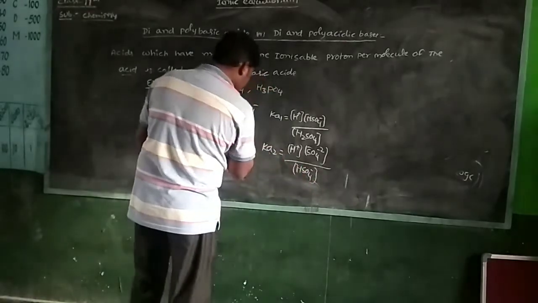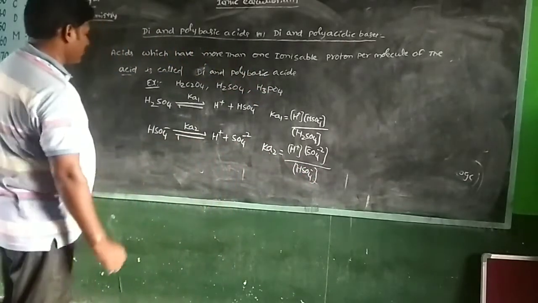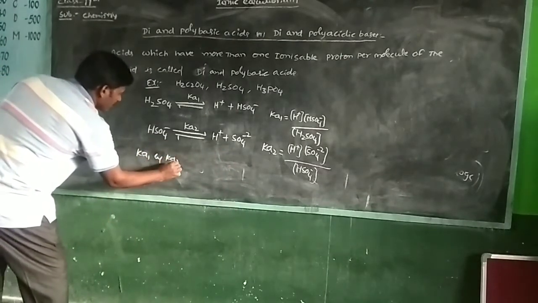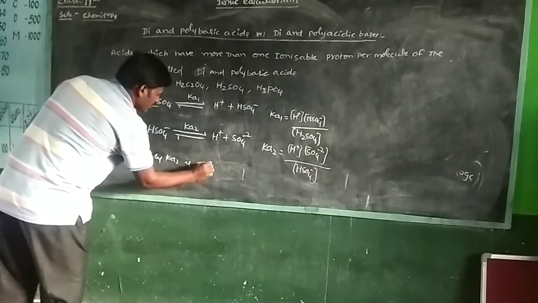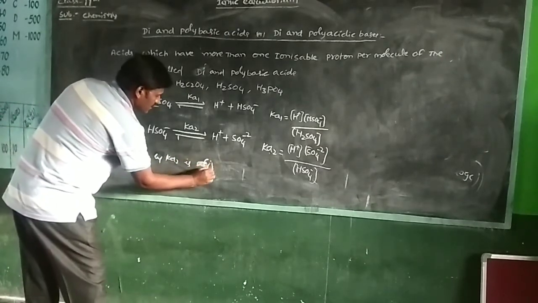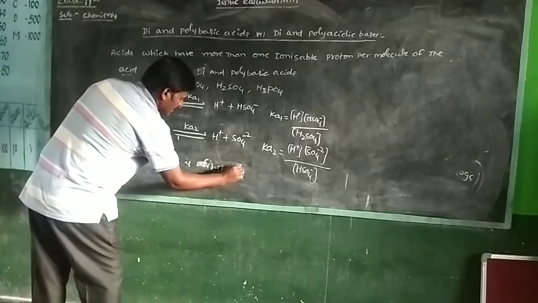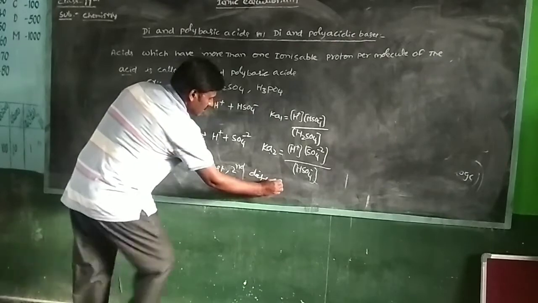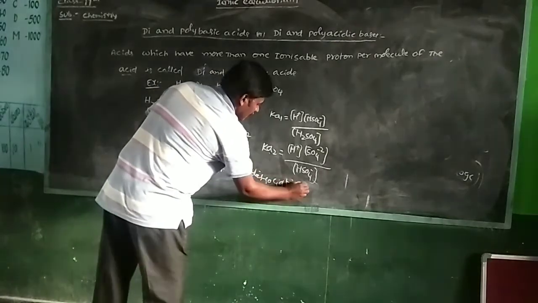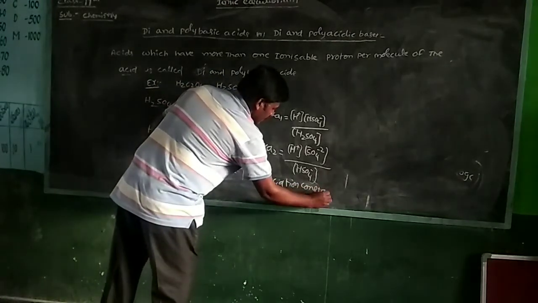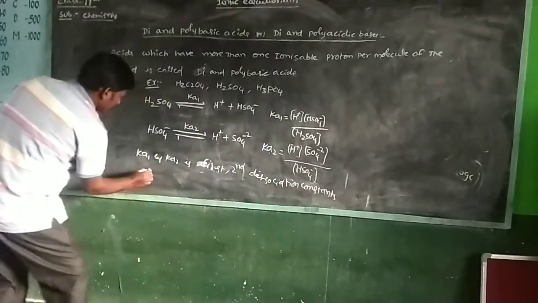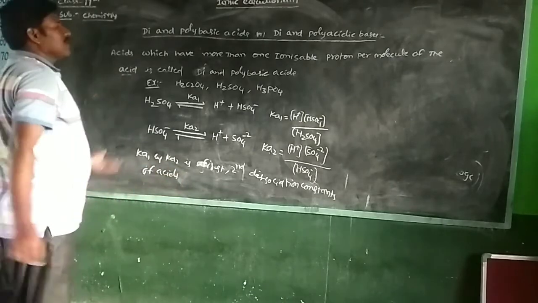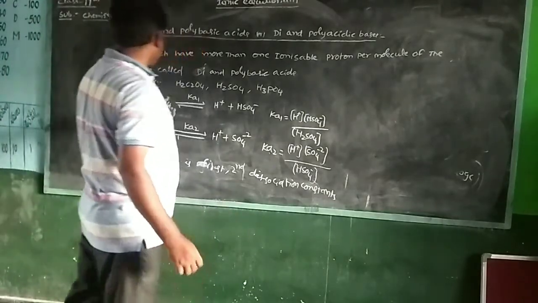Ka1 and Ka2 are the first and second acid dissociation constants of the acid.